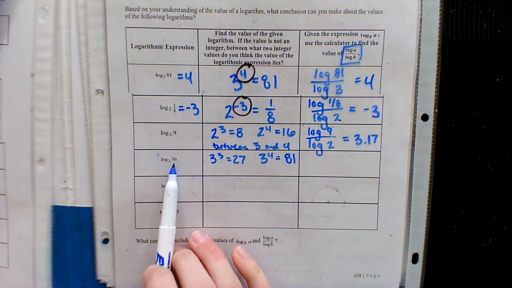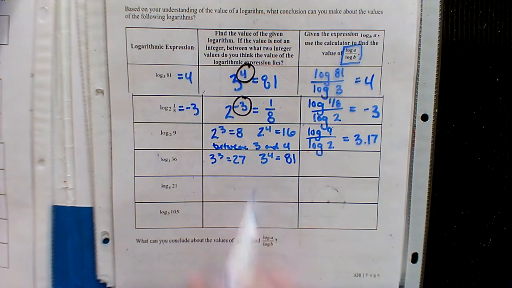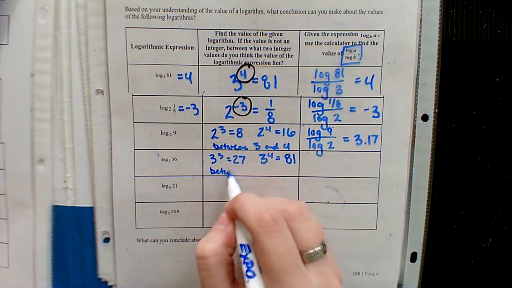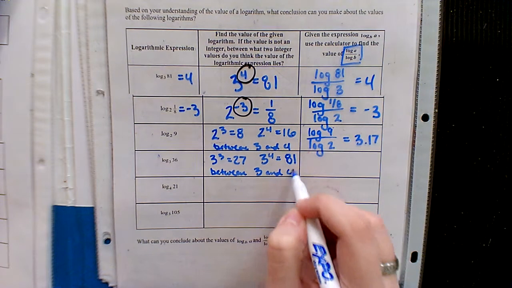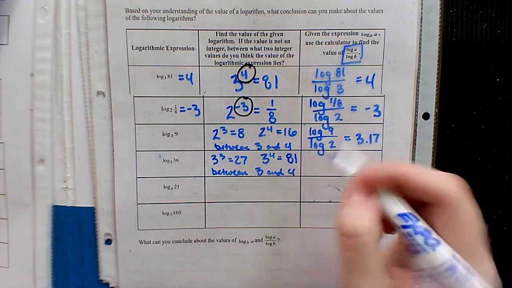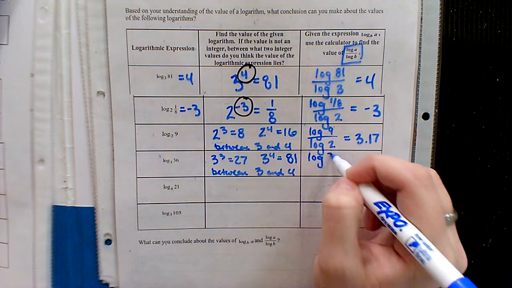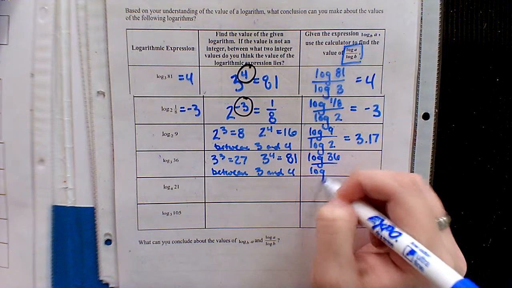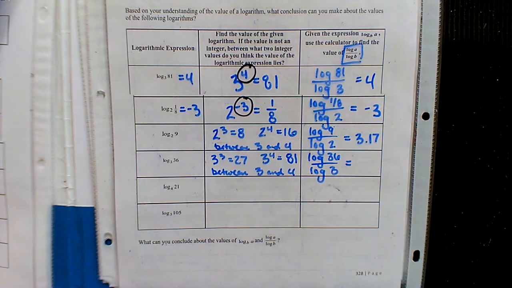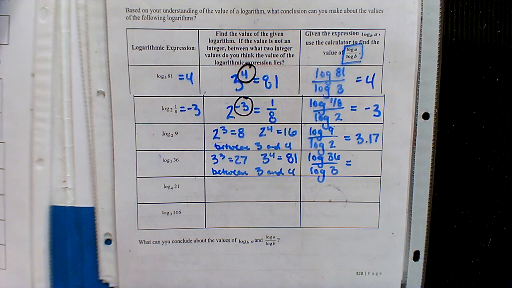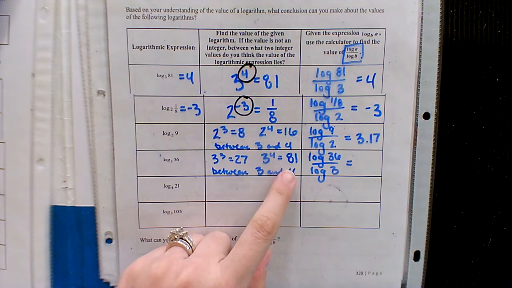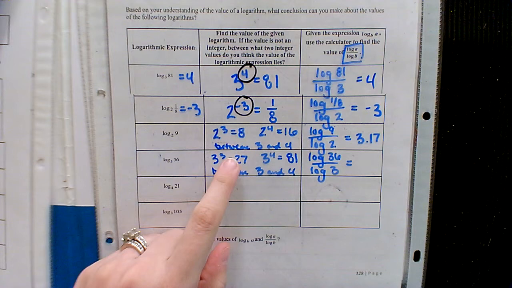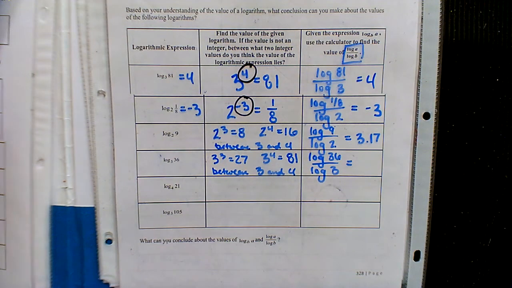And notice how 36 is between 27 and 81. So that's what we should be anticipating on our calculator: something between 3 and 4. We'll do log of 36 divided by log of 3. Let's see, 36 is closer to 27 than it is to 81, so your answer should be closer to 3 than 4.